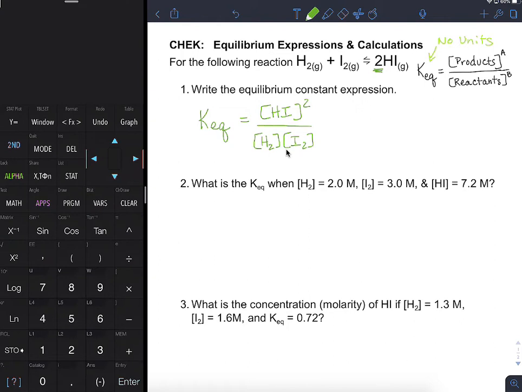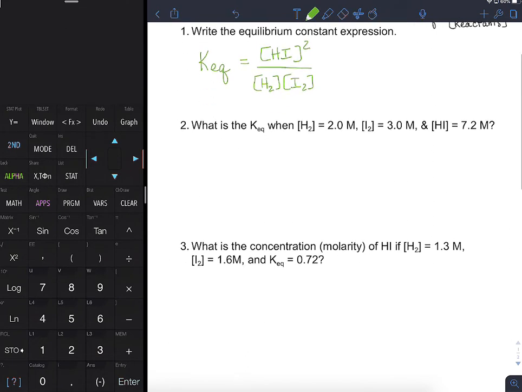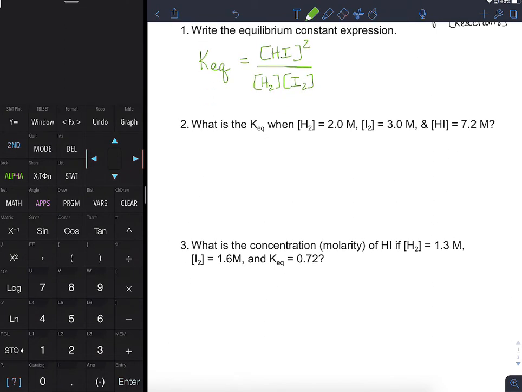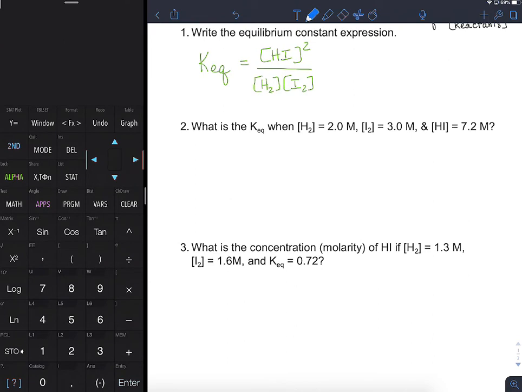And then once we have our expression written out, we can go ahead and take a look at how to calculate some values. So the first one that we're going to do is what is the KEQ when we have these concentrations. Okay, so we're going to just plug these numbers in for each one of the variables in this equilibrium expression.